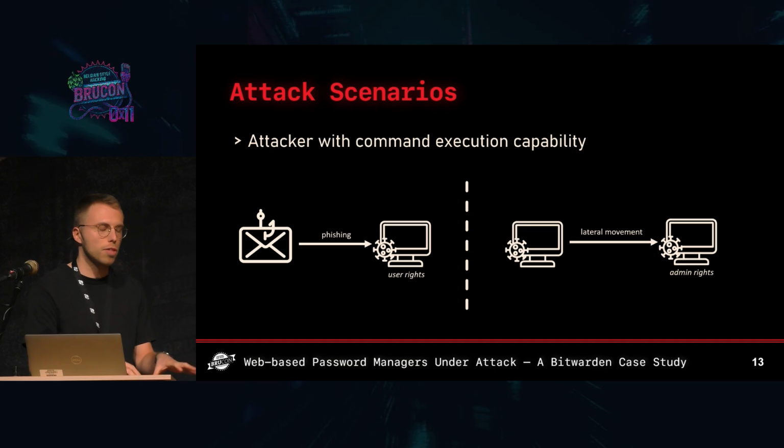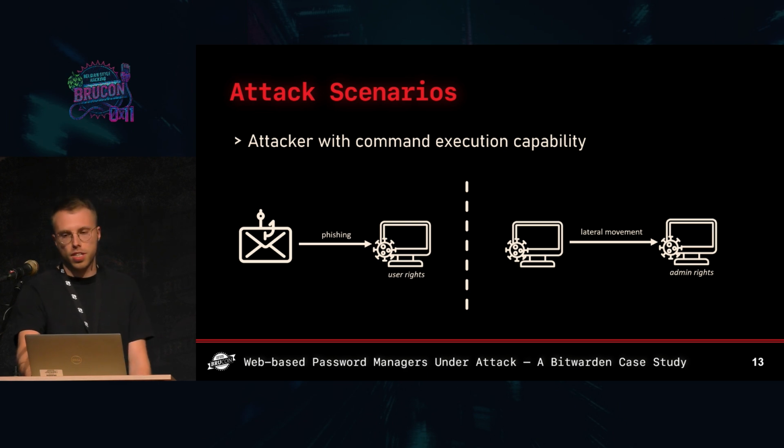We already are on the network, we elevated our privileges and so on, and we're targeting the administrators who are basically using a password manager to get every secret of the network. So in this talk, we'll be using Cobalt Strike as an interface between the attacker and the machine, but it could basically be anything else. Just understand that we already have a foothold on the machine before the study.